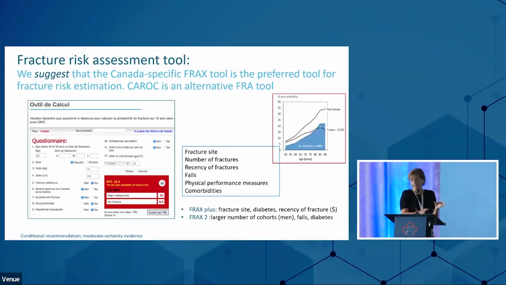This will likely be incorporated in the new FRAX tool, recency and also site of fracture. There is a FRAX Plus, which is currently available on the FRAX website. You can go to it, however you have to pay for this, but you can add these various other risk factors as well.